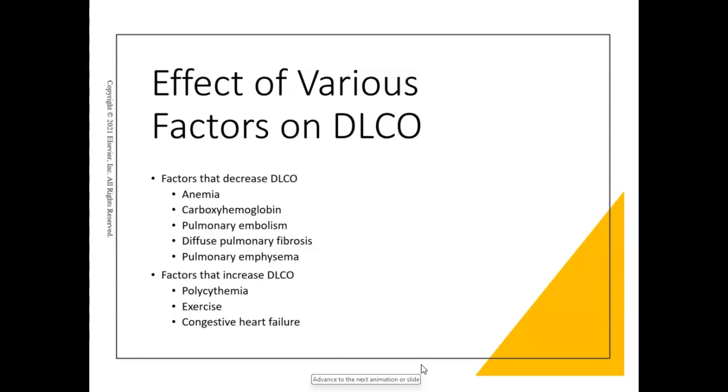Factors that are going to increase DLCO are, for example, having a lot of hemoglobin, polycythemia. Your diffusion rate is going to be faster. If your patient is exercising, they're going to diffuse quicker. If they have congestive heart failure, that can cause an increase in diffusion.